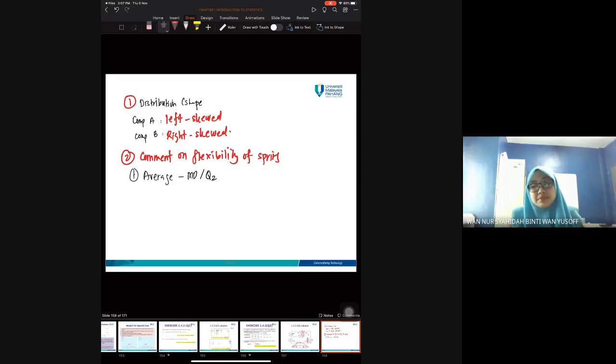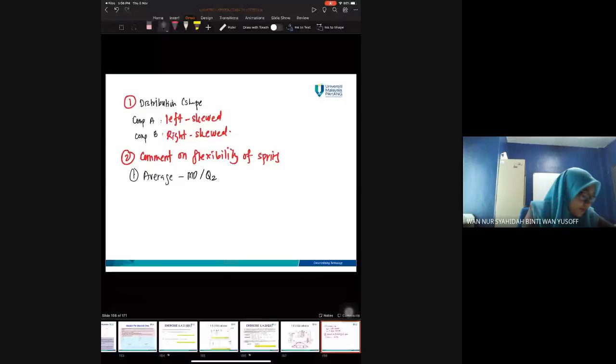It is based on visualization, so it is not really accurate. That's why for the average we use the median value or the Q2 value for the box plot.